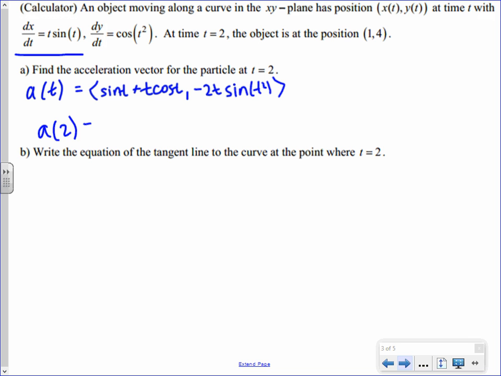We want the acceleration at 2. Now, I will say this is a calculator question, and so if you are taking a derivative at a value and you have your calculator, would we have to go through that step?